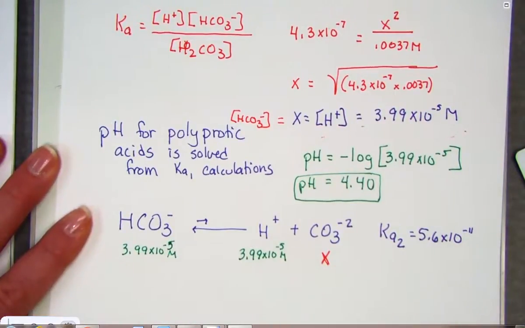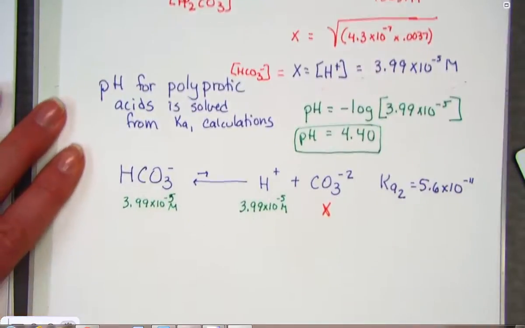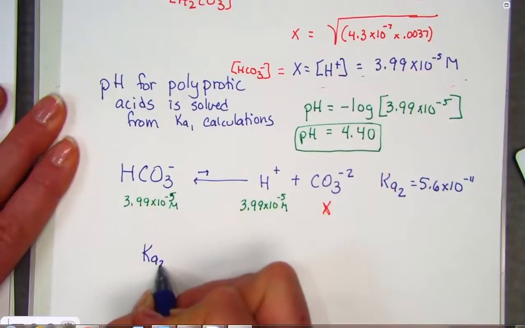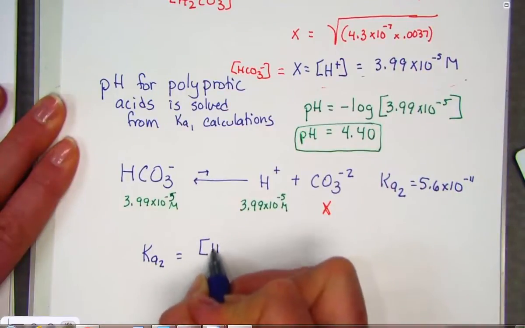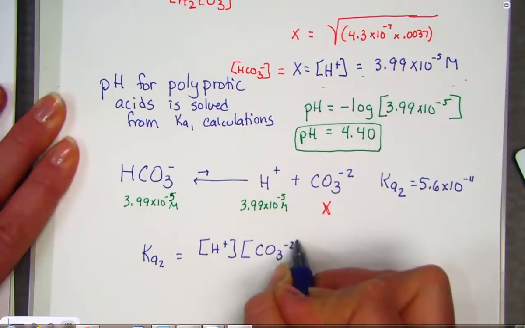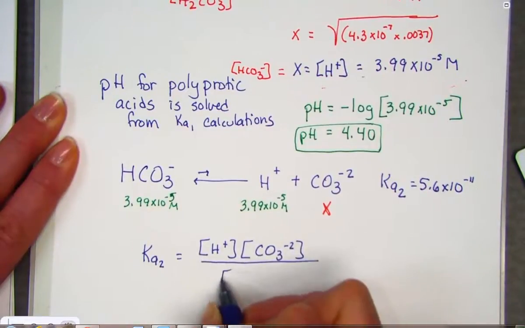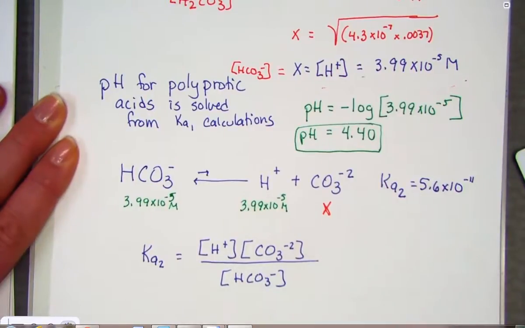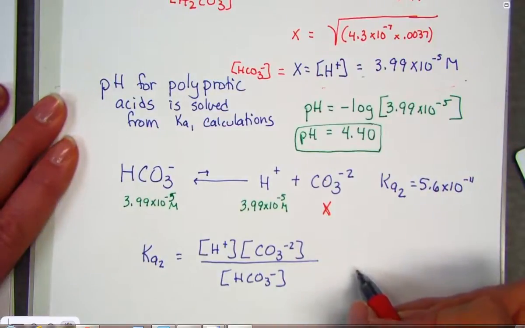What I don't know is the X, but I can easily solve for that with a Ka2 expression. Ka2 is equal to the molar concentration of hydrogen ion times the carbonate ion set over the molar concentration of the bicarbonate ion. We know the following values provided in the question.